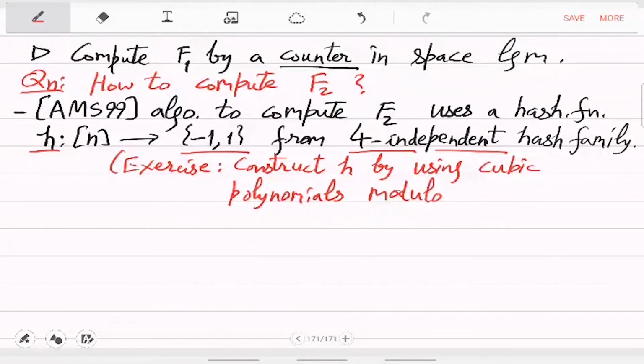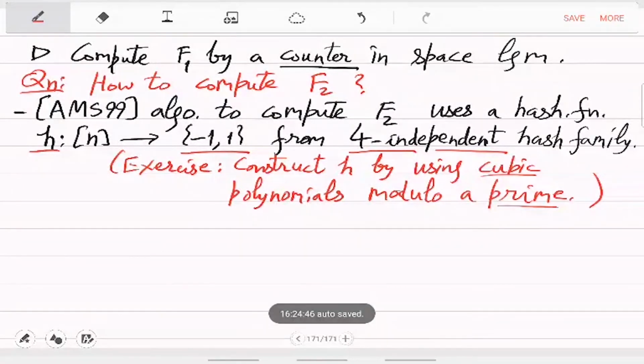Modulo a prime. Okay, so it will be a different construction. These things exist, you can study them independently. The AMS algorithm says that you pick a random 4-independent hash function h, which assigns signs to your tokens, n tokens appearing in this long stream of m tokens. h will be very compactly stored.